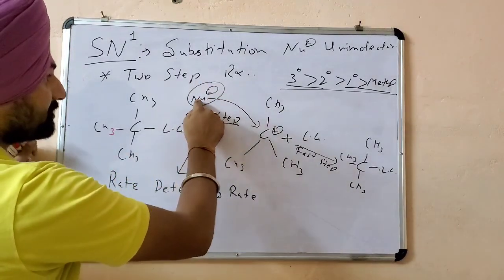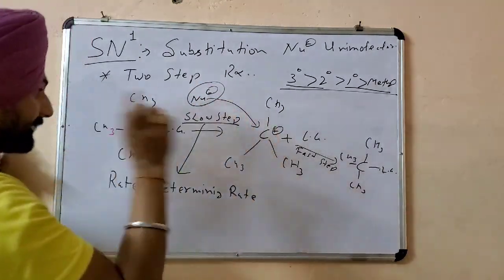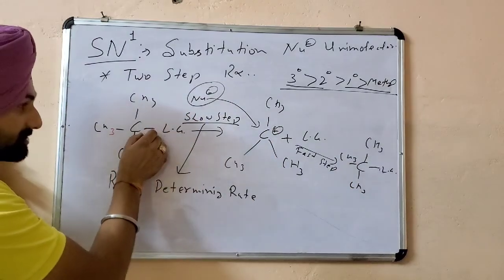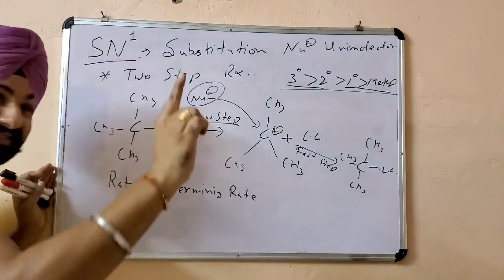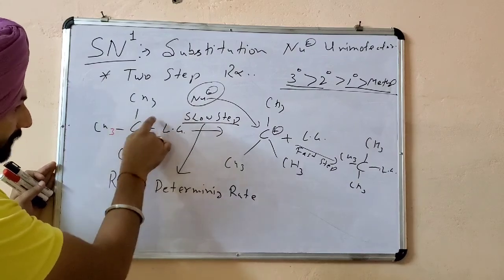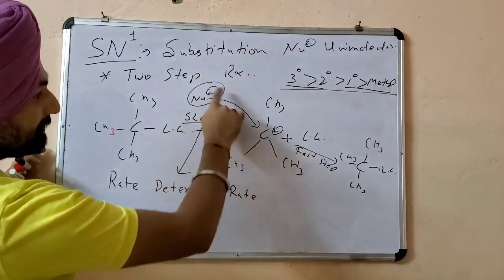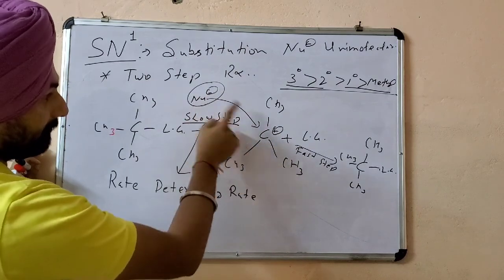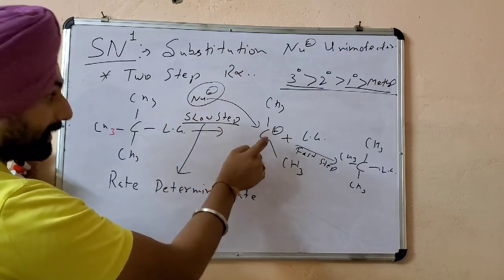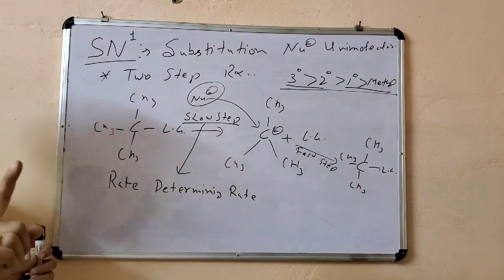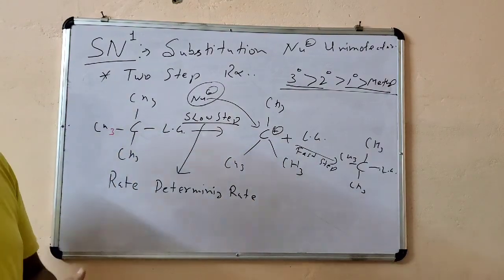The power of this nucleophile is 0 till the time the carbon and leaving group bond is broken down. So it is necessary for this leaving group to leave the carbon with the shared pair of electrons forming a carbocation here, only then the nucleophile can enter here. The nucleophile can attack on the central carbocation. So this is an important aspect, right?